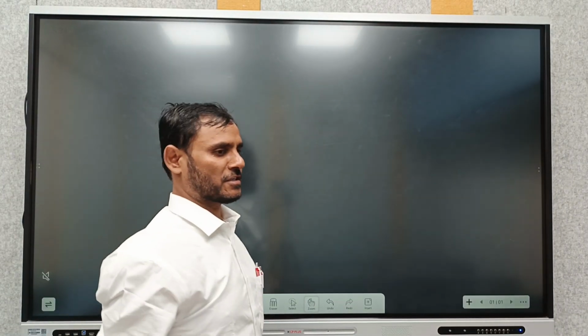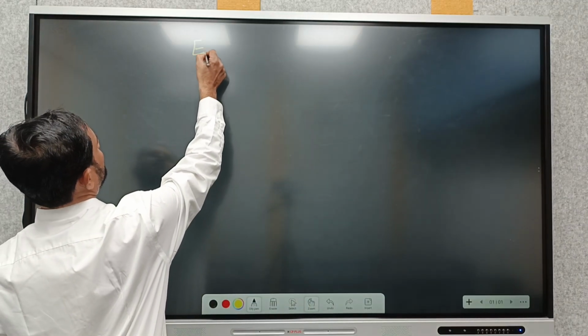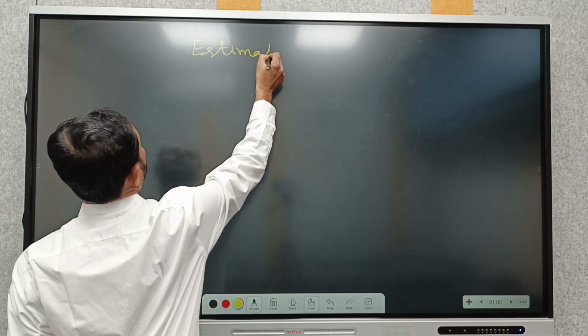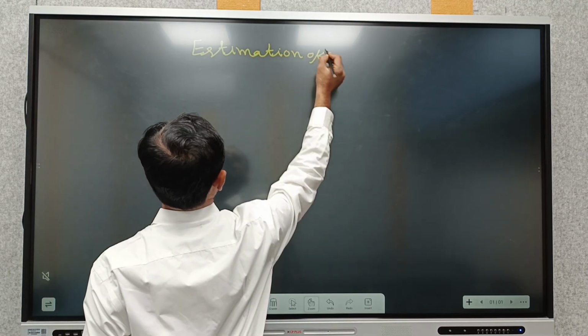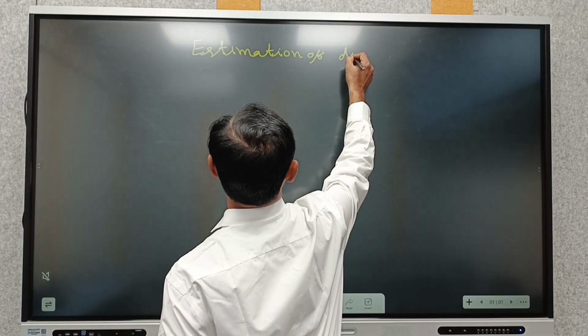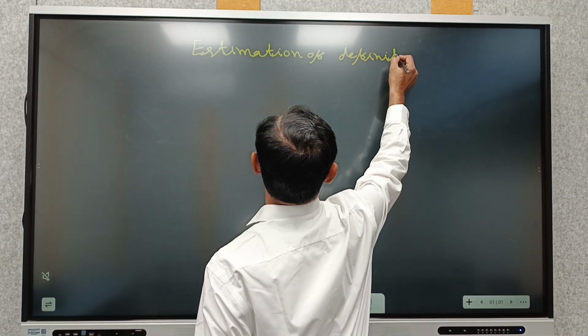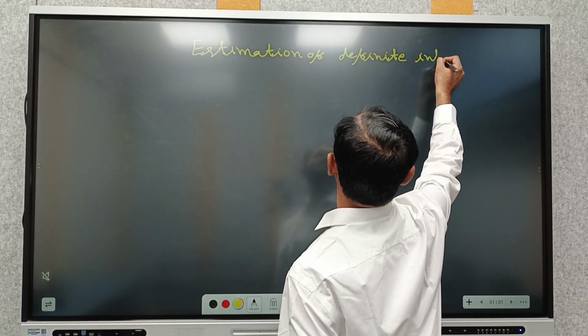Our topic is estimation of definite integration.